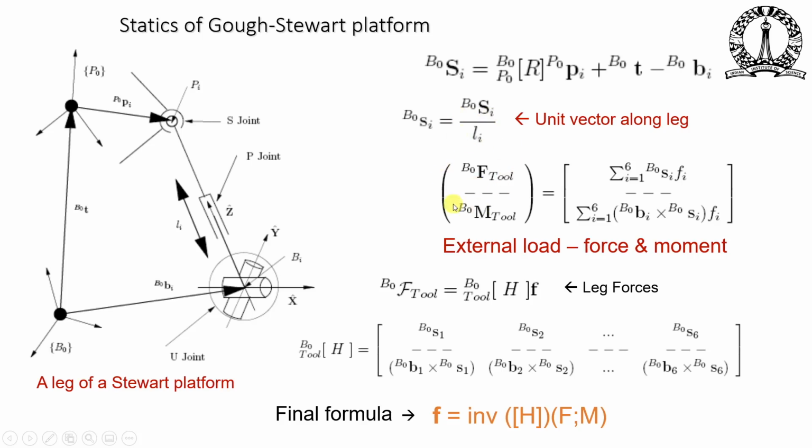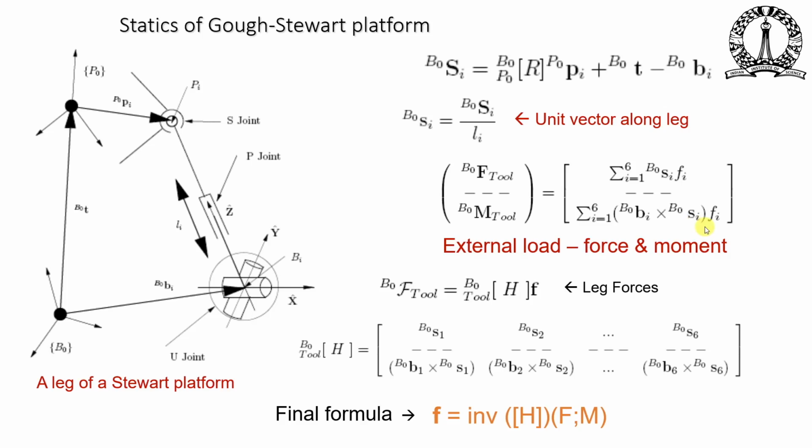And you can show that the force and the moment acting on the top platform, denoted by F tool and M tool with respect to the B0 coordinate system, must be equal to the force acting along the unit vector along each leg, and the moment of this unit vector, which is Bi cross B0 Si.